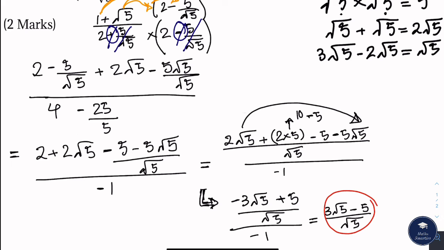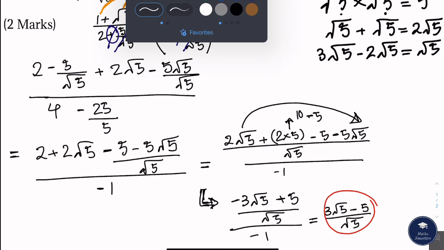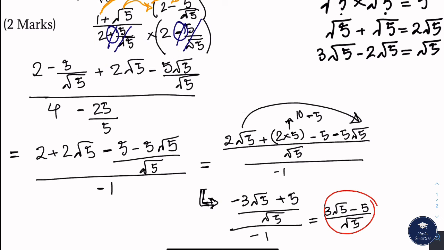I know it's lots of working, that's why at the start I said it's going to take us a lot of time. So make sure you include each step, okay? Even if you don't need it, even if you know the answer. Even if you know, for example, 2 times 5, don't write 10. Make sure you write it step by step.